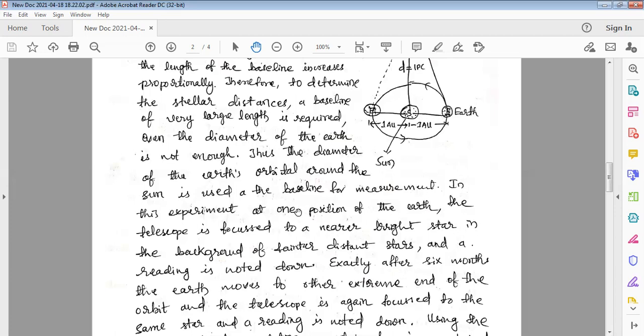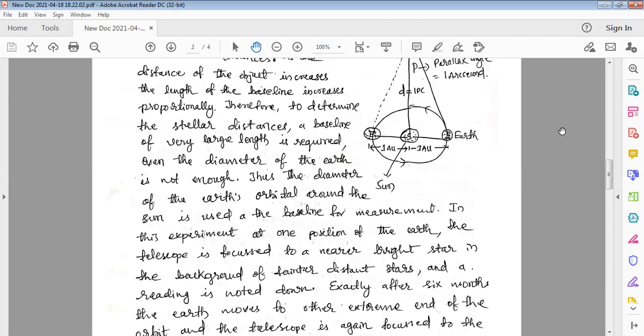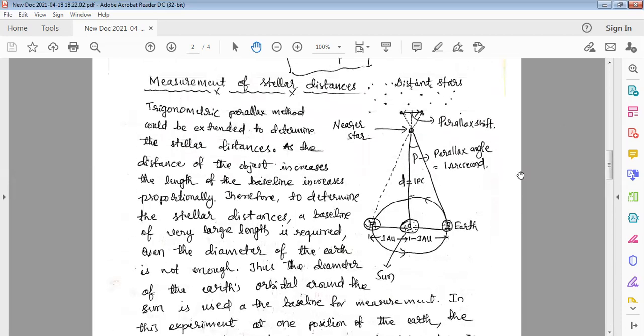So in this experiment, at one position of the Earth, the telescope is focused on a nearer bright star in the background of fainter distant stars, like this. So now you think that your Earth is here at this end of the orbit, and you are looking at stars, and you have to choose a brighter nearer star.